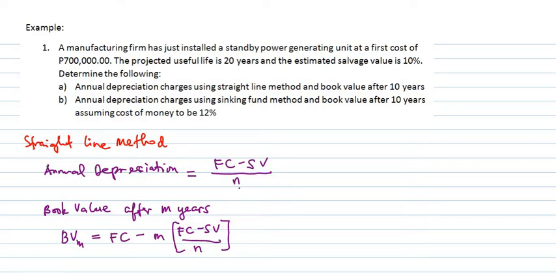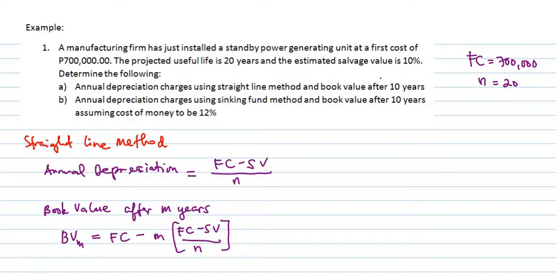So by solving this problem, letter A, a manufacturing firm has just installed a standby power generating unit at a first cost of 700,000. So our first cost is equivalent to 700,000. And then the projected useful life is 20. So our N is equivalent to 20 years.